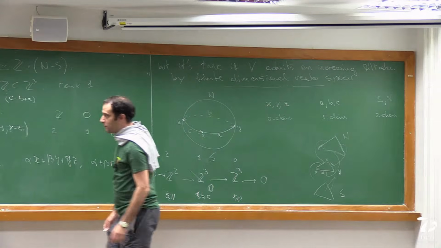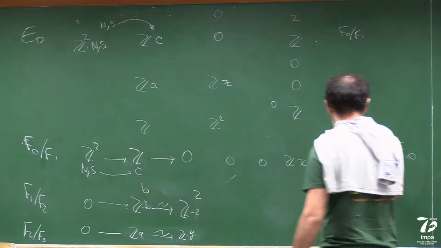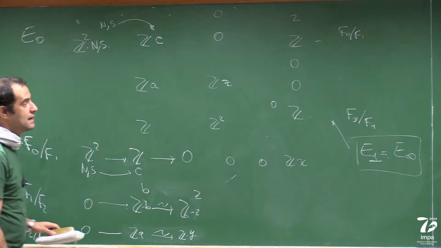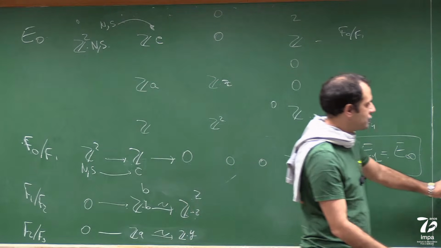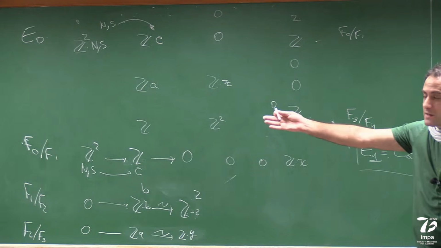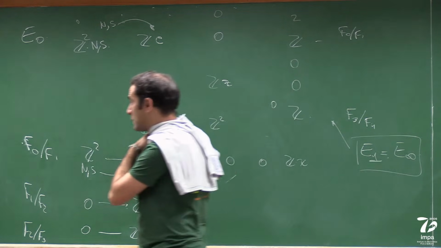Now let's check, since we have the differential and we know that this is E1 is equal to 0 and it came from a filtration, let's check that our homology comes with a filtration. We could have done that too. We could have, instead of taking the associated graded first and then take homology, we could have taken homology first and then take the filtration with respect to these guys.